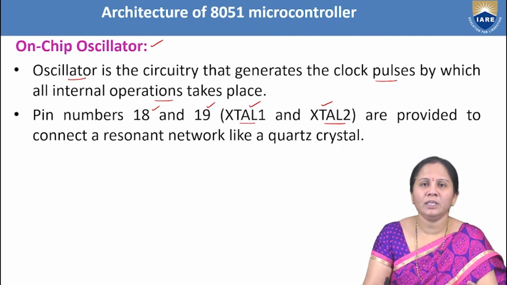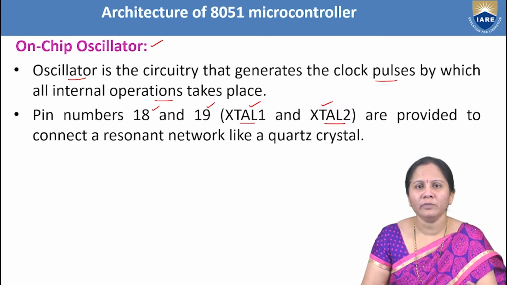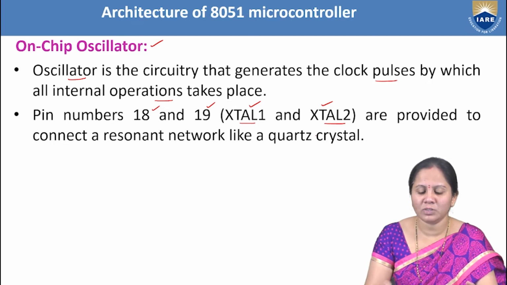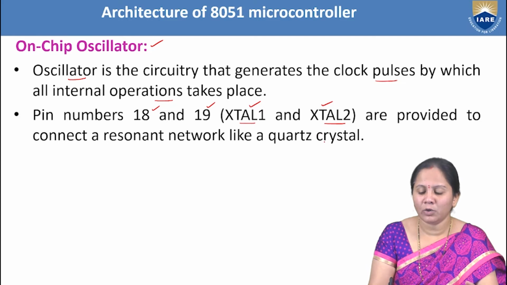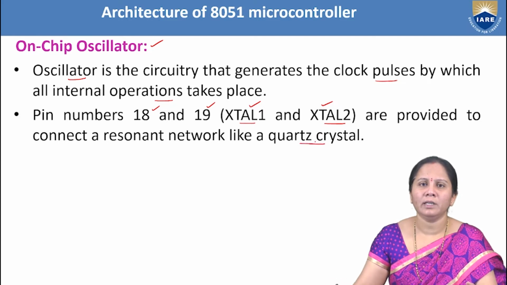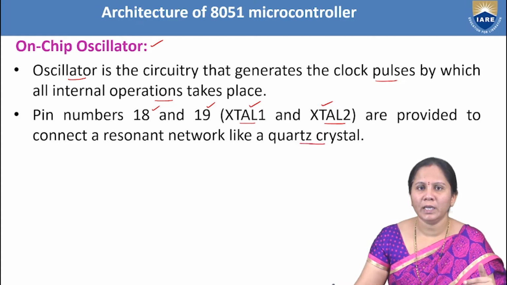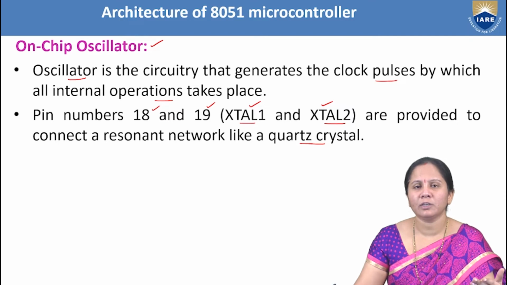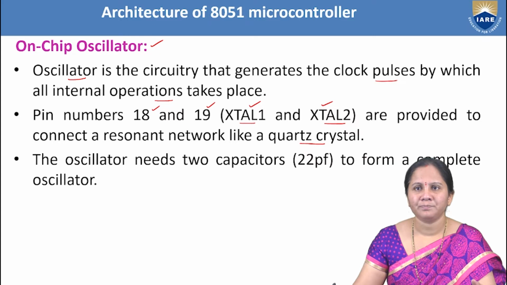Using these two signals, we produce the clock frequency for the 8051, because these two signals are connected to the quartz crystal oscillator circuit. It takes the frequency from the oscillator circuit and gives it to the 8051 microcontroller.